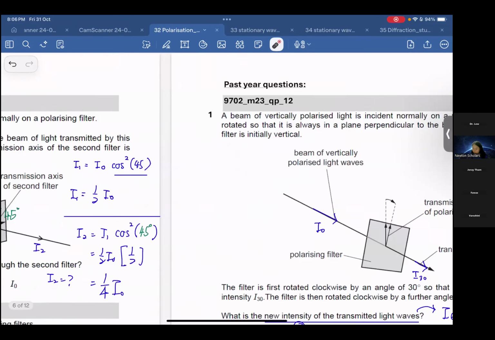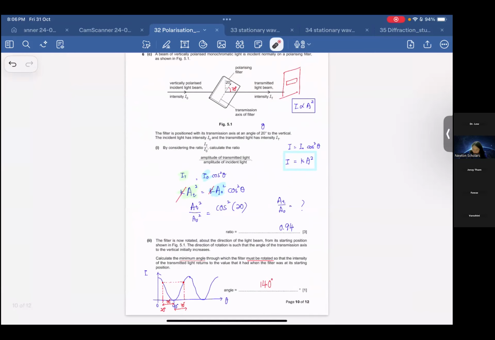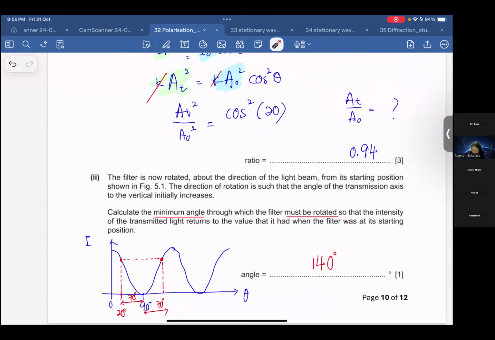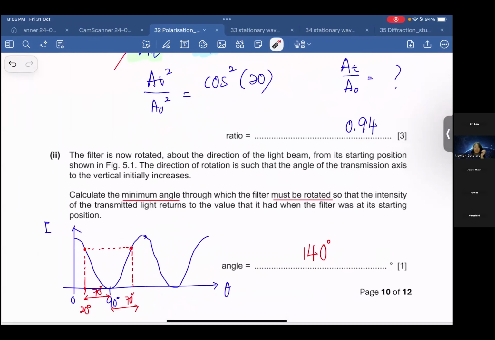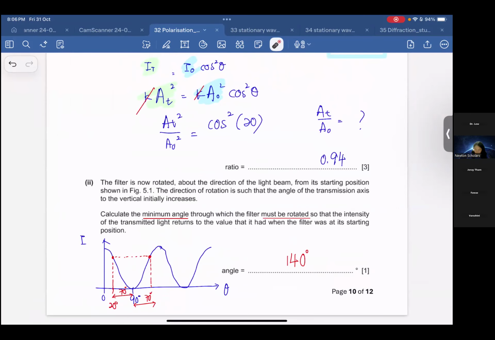So basically, this question is similar to this one, asking you, for the same intensity, how much angle you need to continue rotating. It's all quite similar. So the last one, the question is, from here, 1 over 4 IO.